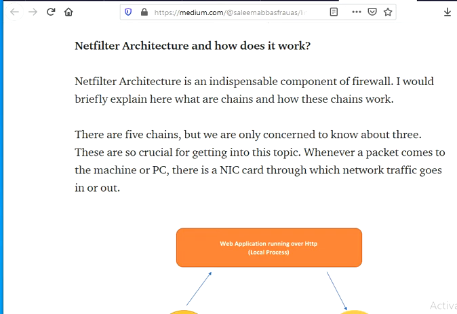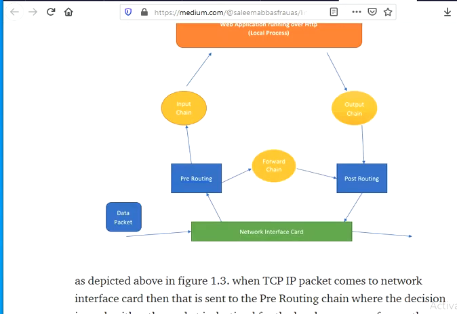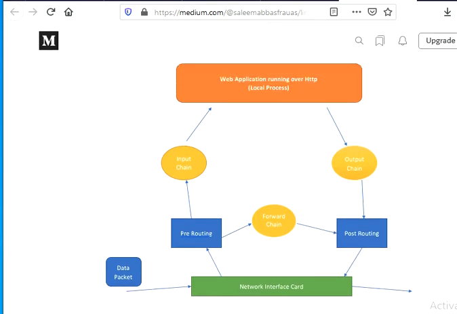This is the picture where you can see that once a data packet comes to the network interface card, it is sent to the pre-routing, and each packet is either destined to the machine itself or not.